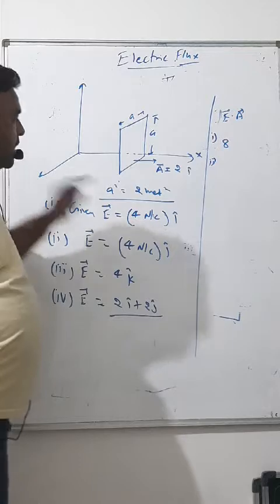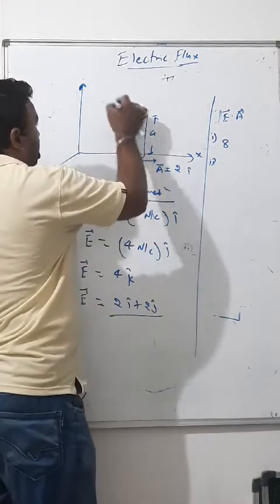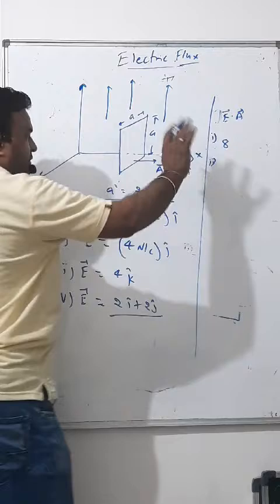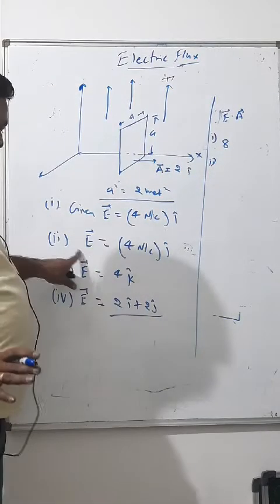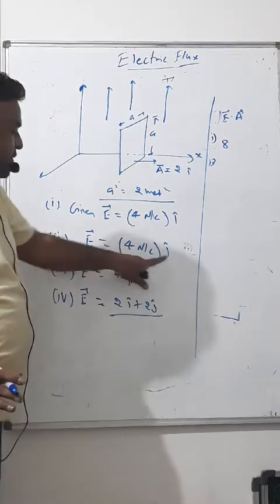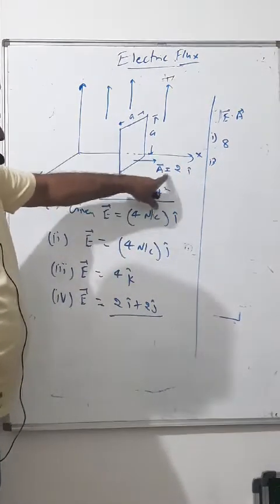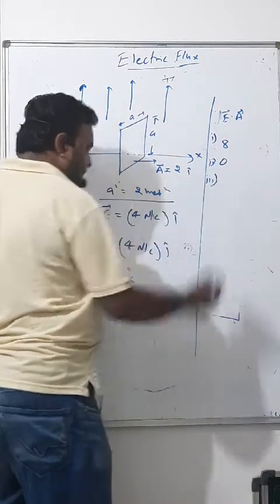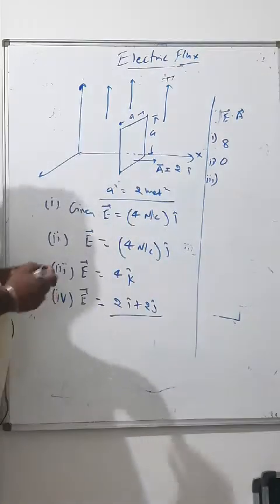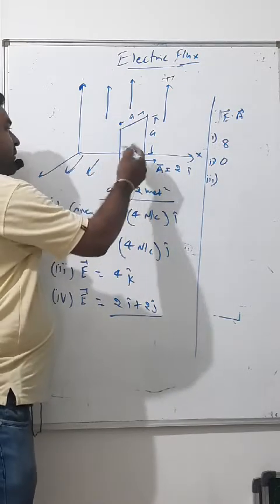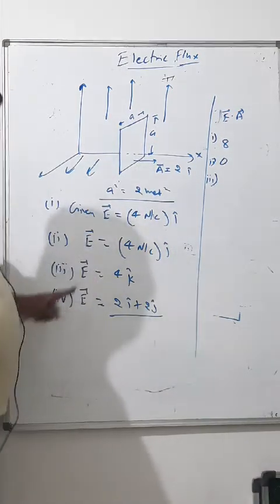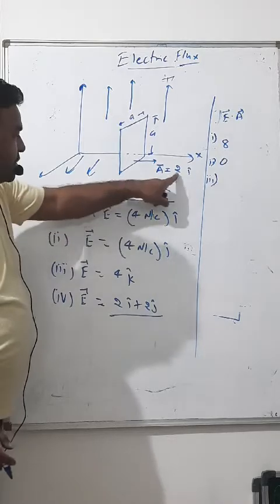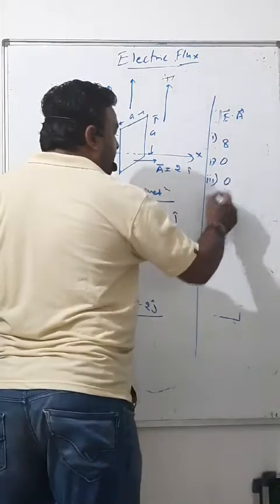Second, if the electric field is along the y-axis, then there will be no crossing through. So, in the second case, 4 j cap dot 2 i cap will be 0. Third situation, 4 k cap. Again, the electric field is in this direction, there will be no crossing through. So, 4 k cap dot 2 i cap, again 0.